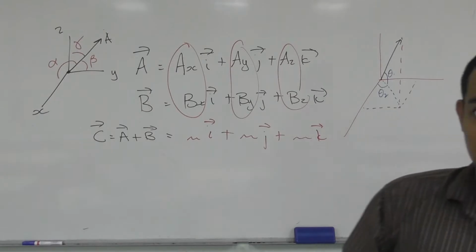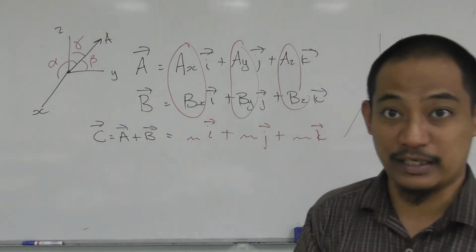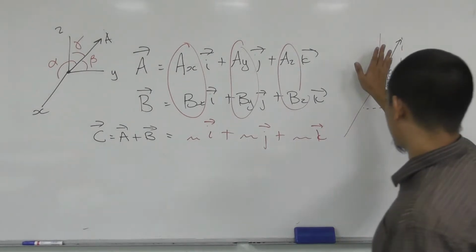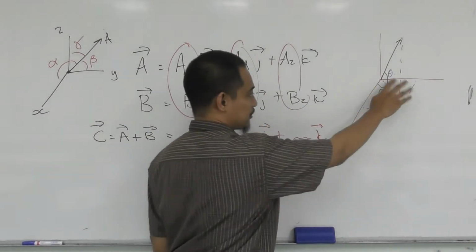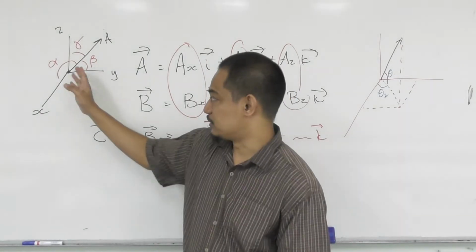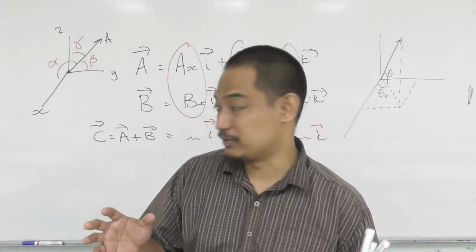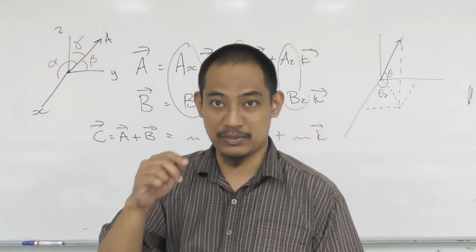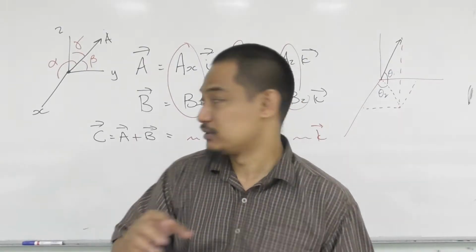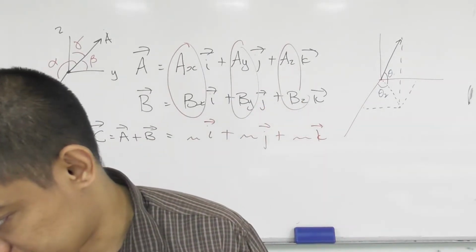So this is what we call projection angles, because this is projected onto this plane and this is projected onto x and y. So make sure you understand how to deal with this and also this, because the information can be given by both, and sometimes in the same question you have this and this.